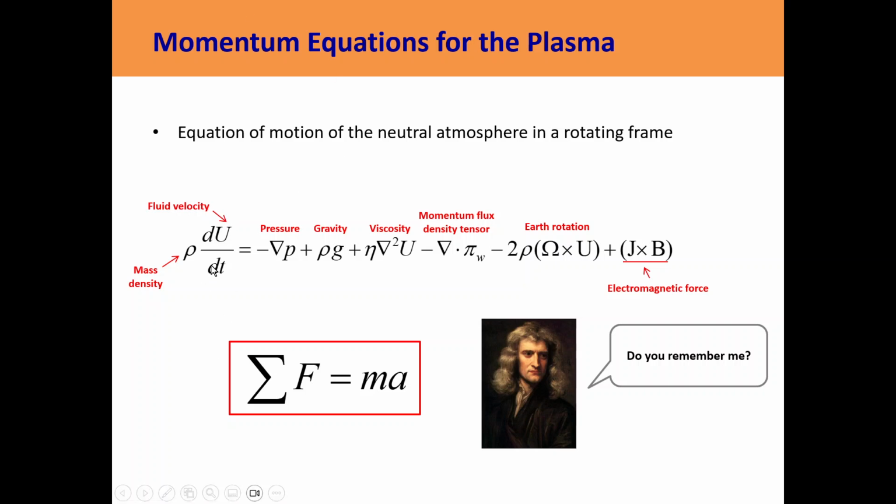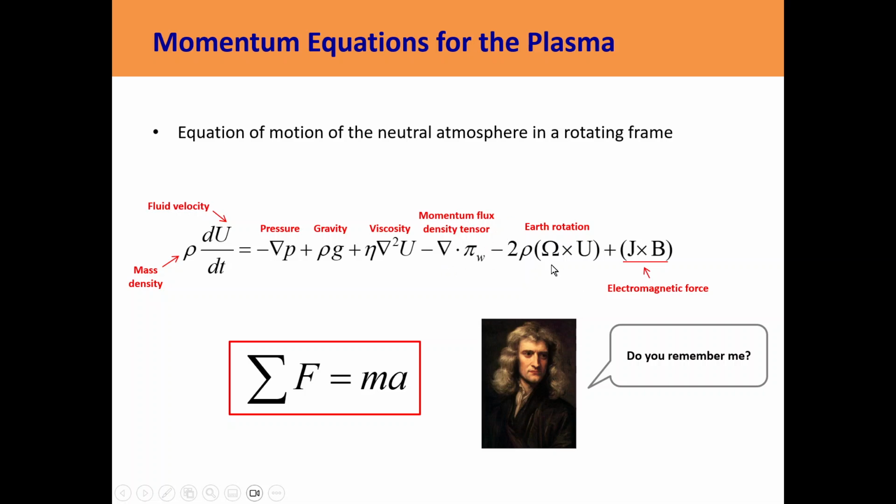So one of the main momentum equations for the neutral atmosphere is rho multiplied with du dt, the fluid density times velocity change, equal to minus the gradient of pressure, plus rho times g, which is gravity, plus a constant value, and this whole term is viscosity. Some fluids like water don't have much viscosity, but if you look at oil, it has more viscosity.